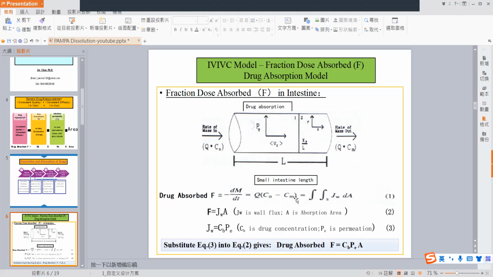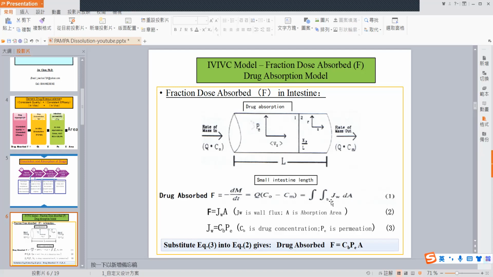This is purely a mass balance, meaning the drug coming in from the left side of the intestine and coming out from the right side. Their difference is whatever was lost, meaning whatever was absorbed.